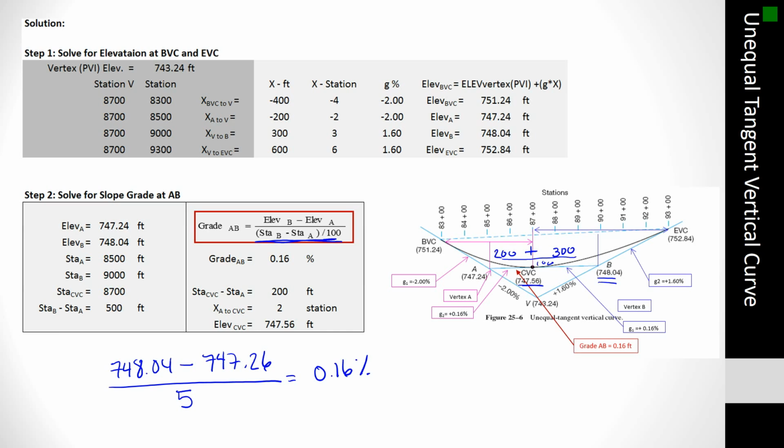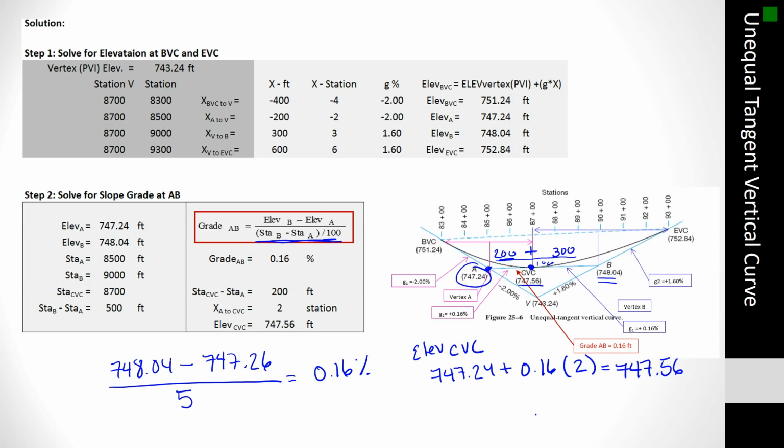So if we know that from here to here is 200 feet or 2 stations, all I'm going to have to do is say, okay, the beginning elevation here, 747.24, plus 0.16% times 2 stations, or 200 feet, is going to give me the elevation of 747.56. That's the elevation at the CVC, the compound vertical curve.